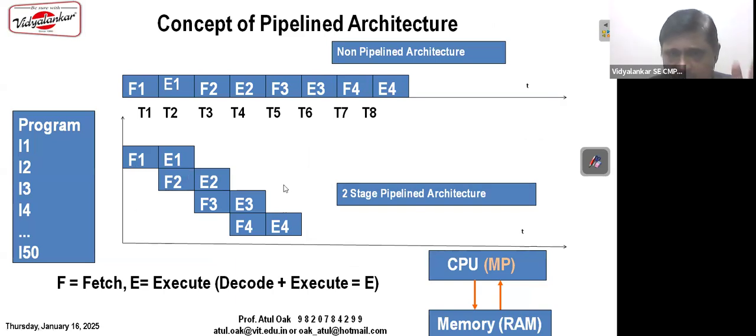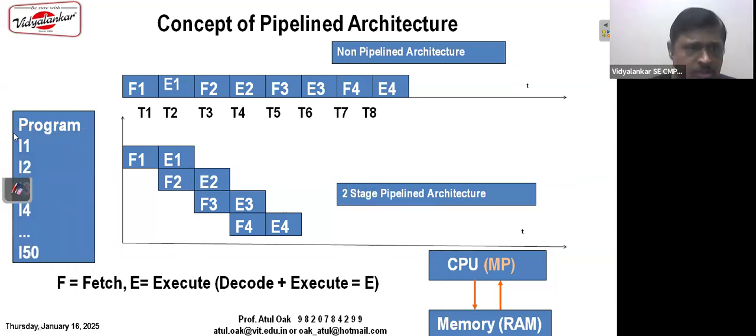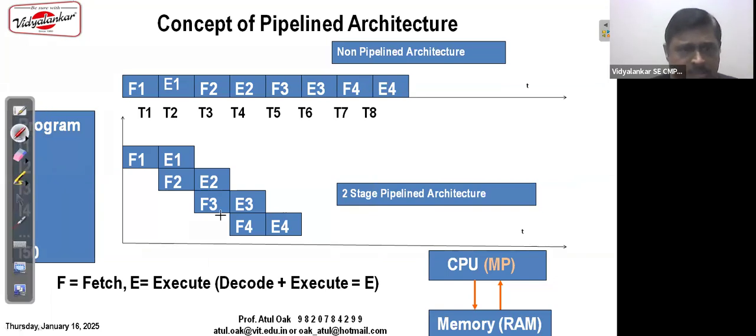It is true that your 8086 processor is a 2-stage pipelined architecture. Let me use my marker here. You can see this is my first stage, and this is my second stage.